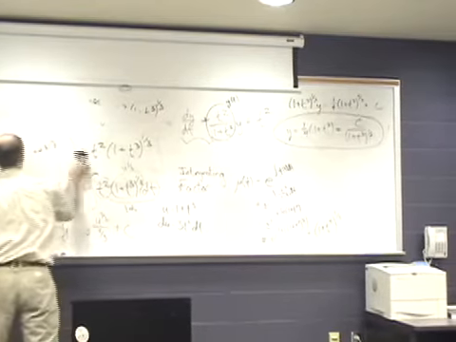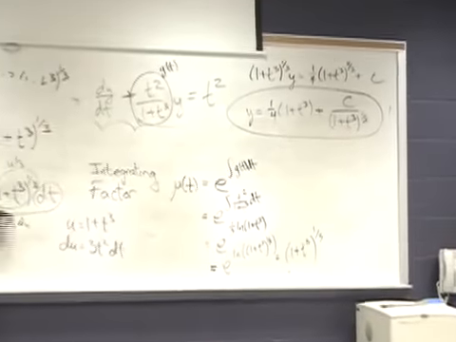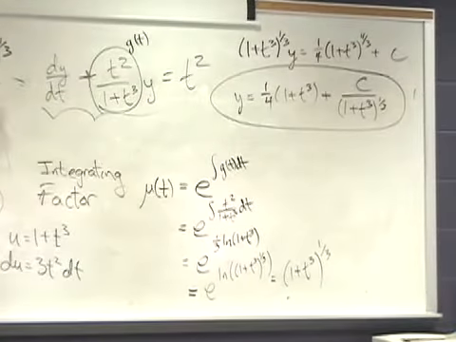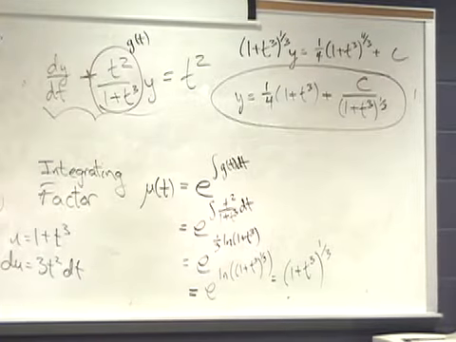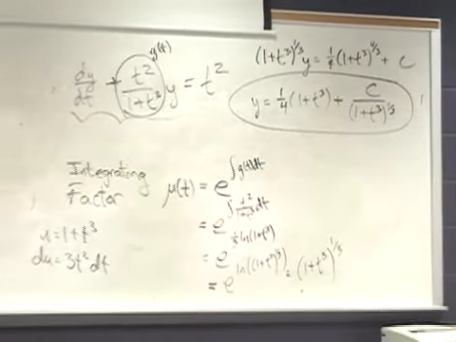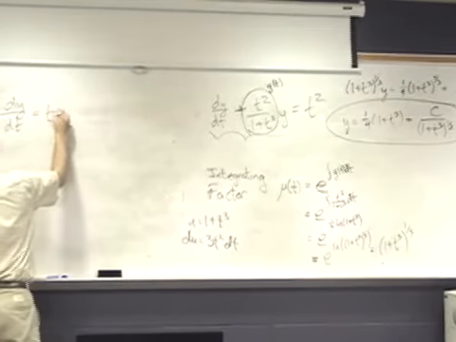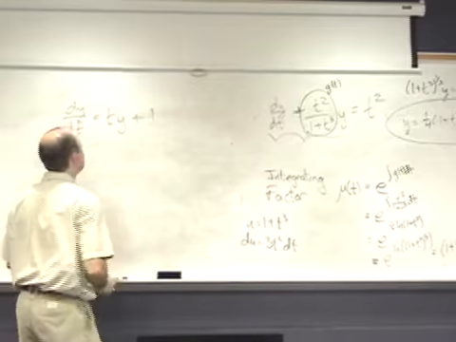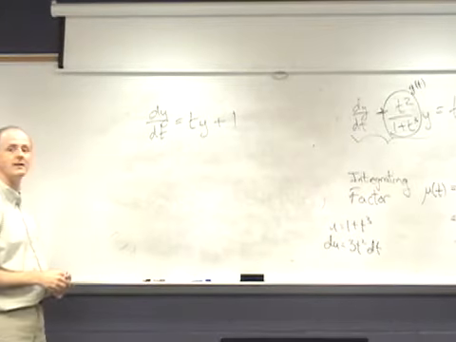Let's do another example before we briefly talk about why it works. This is going to be an example that'll look relatively simple. dy/dt equals t times y plus 1.